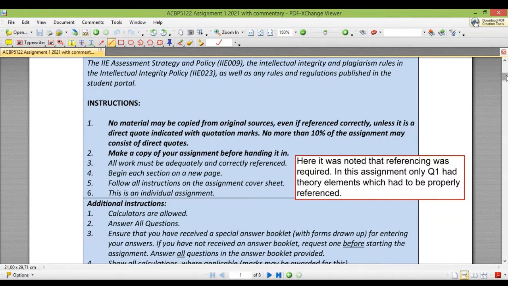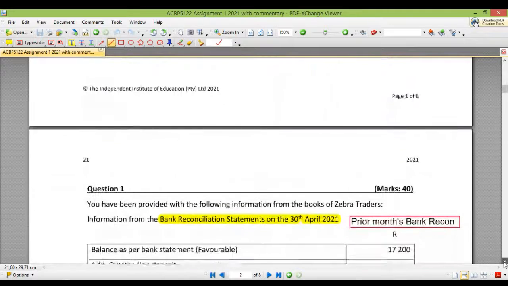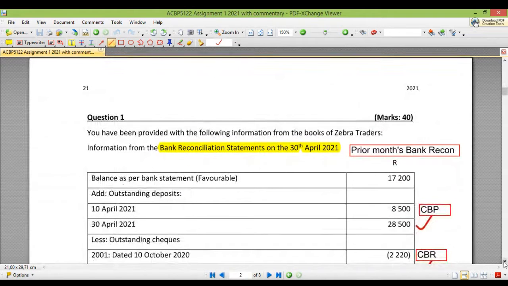Now, the only place where I actually looked for in-text referencing was for question 1, where you had to explain the adjusting entries. For the rest of the things, because it's application, you wouldn't necessarily reference it, so it was only the theory type questions where we penalized you for referencing.